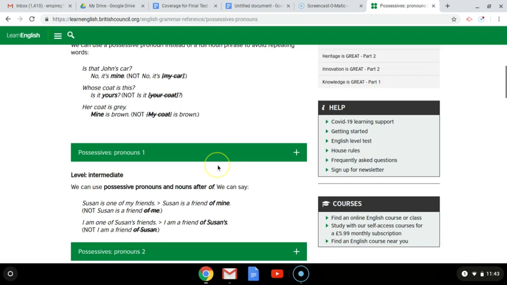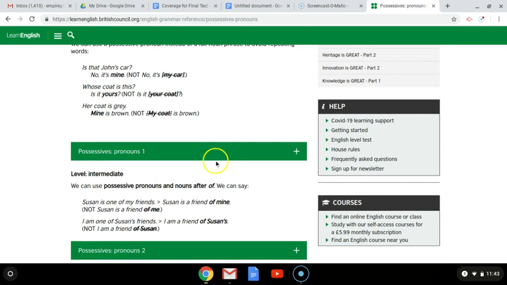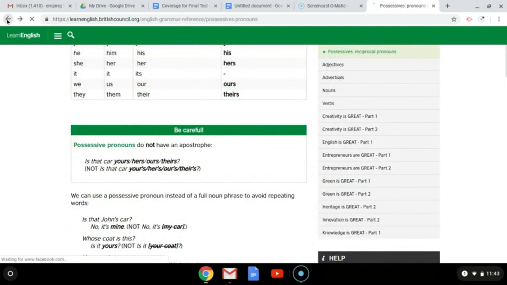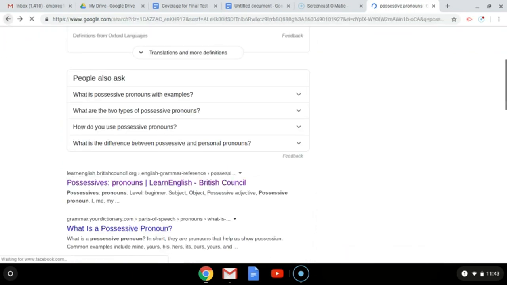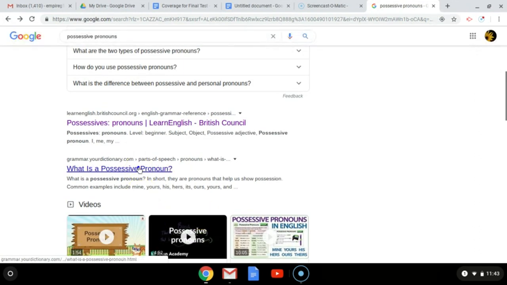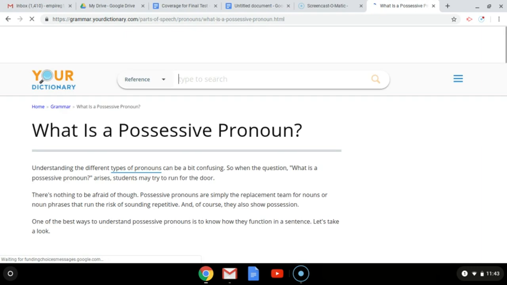We have some exercises, but we're not going to do them anymore because those are high level examples. So let's talk about possessive pronouns more so that you will not be confused between object, subject, and possessive pronouns.